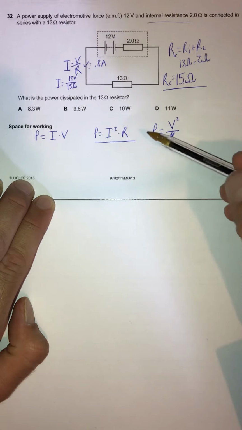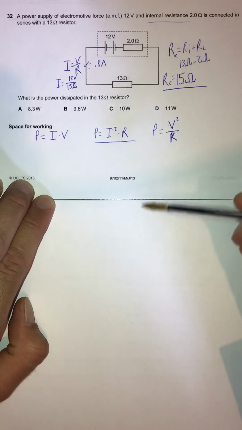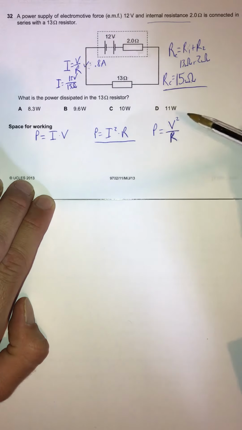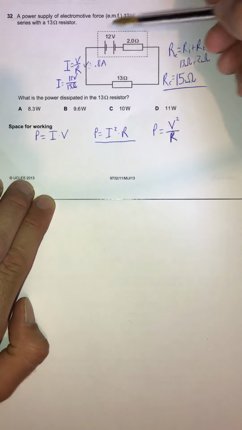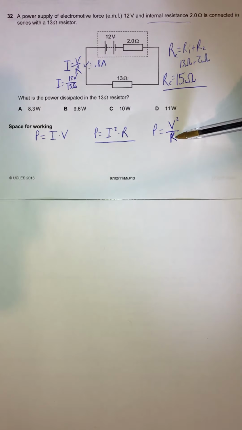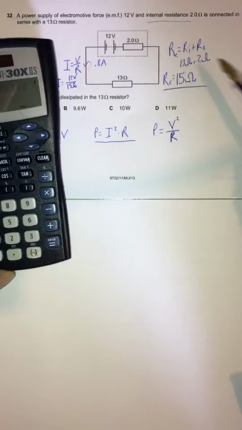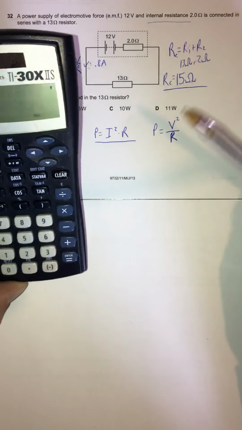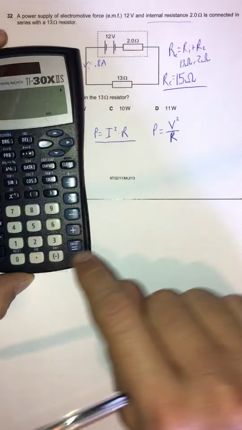Some students that are, as I mentioned earlier, maybe too quick to rely on their knowledge of the equations may inspect this and go, well, we've got 12 volts V, we've got 13 ohms R, and I haven't done this calculation yet, but I'm almost sure if we were to plug in those values here, one of these incorrect answers would be showing up in our calculator.